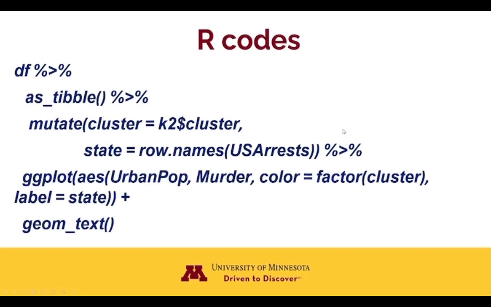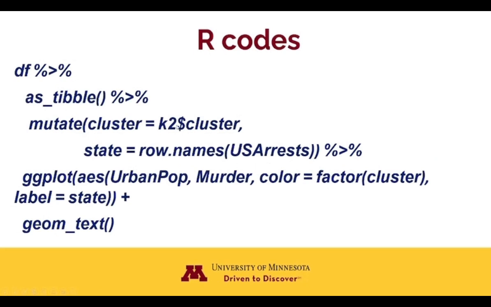So you may also want to generate what I call the ggplot for that, where you look at the urban population and the murder. Take a look at that, urban population and the murder. Factor, cluster, label state. Don't forget, this is the name of the data.